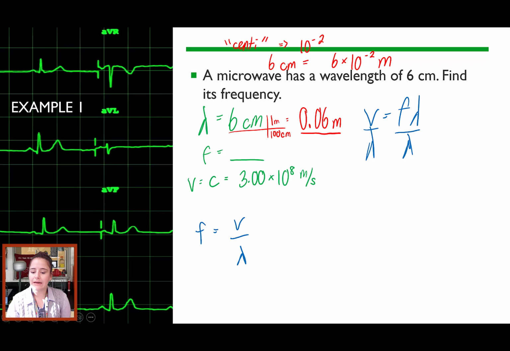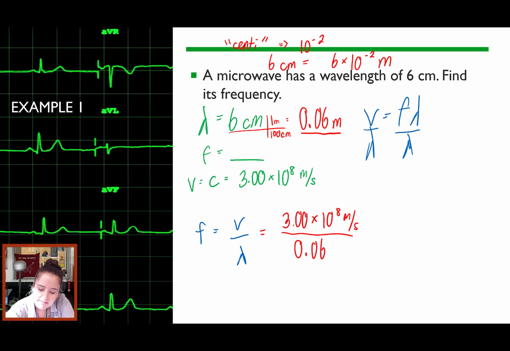Now that our units agree, meters, we're ready to plug into our equation. So my velocity is 3.00 times 10 to the 8th meters per second divided by my wavelength, 0.06 meters.